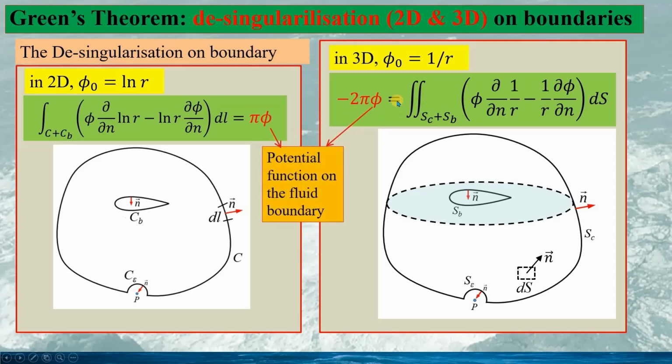And the potential functions here and here are both on the fluid boundary, either on the structure boundary SB or CB, or on the control surface SC, or on the control boundary C.